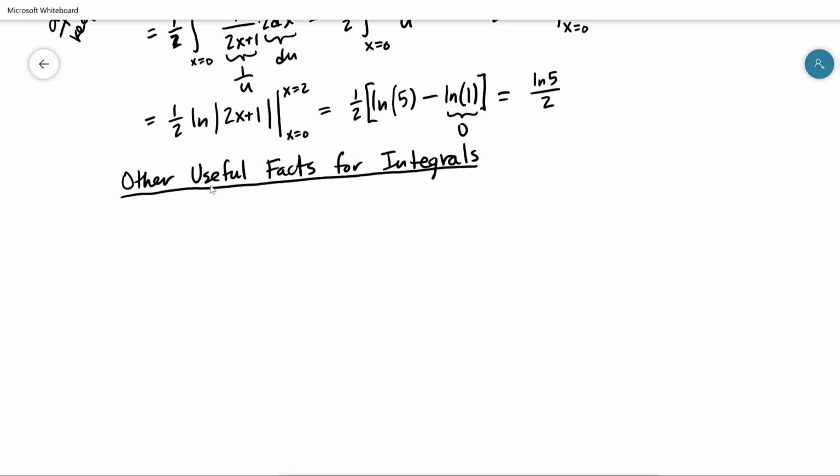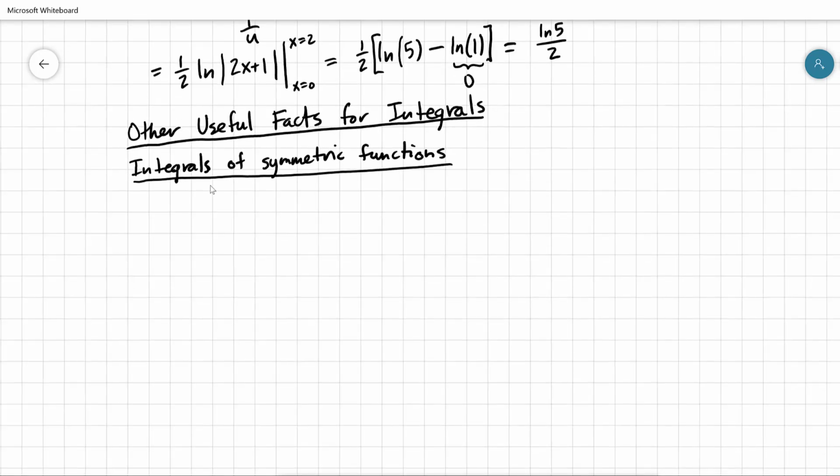So one thing I want to think about is integrals of symmetric functions. This is something you'll rely on a lot in Calculus 2, using symmetry to make your life a little bit easier.